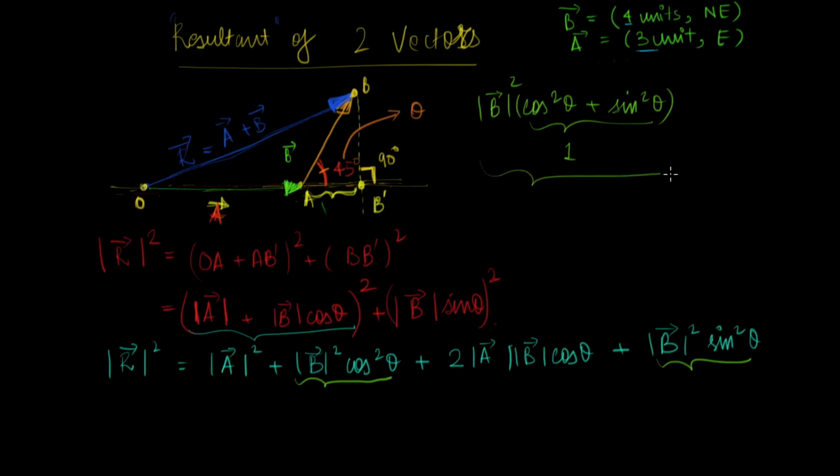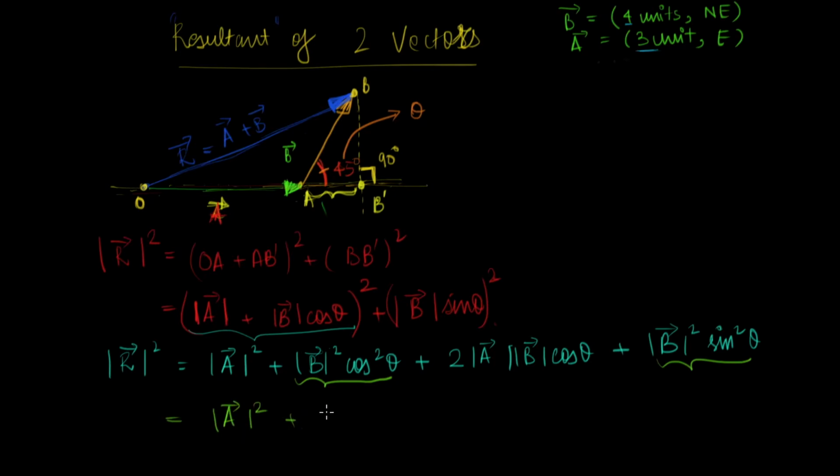Therefore, this entire expression would be equal to B squared, the modulus squared of the vector B. Therefore, we can write this now as A squared, the modulus squared, plus these two terms give you B squared, plus the cross product term, which is 2AB times cosine of theta. So that must be the value of R squared.